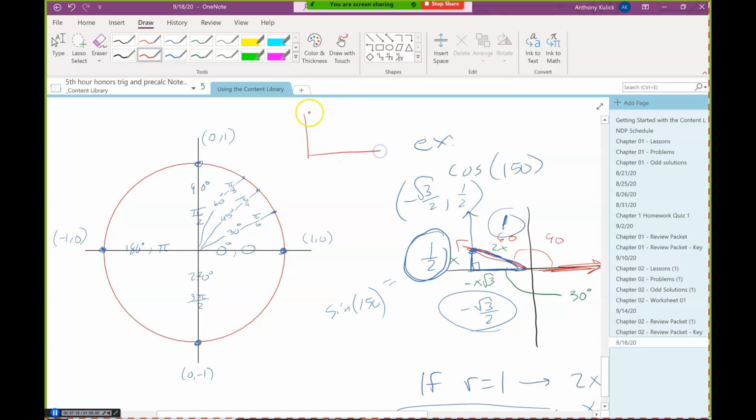So if I use my special right triangle, for 30 degrees, cosine is the square root of 3 over 2. And sine is opposite over hypotenuse, so 1/2.